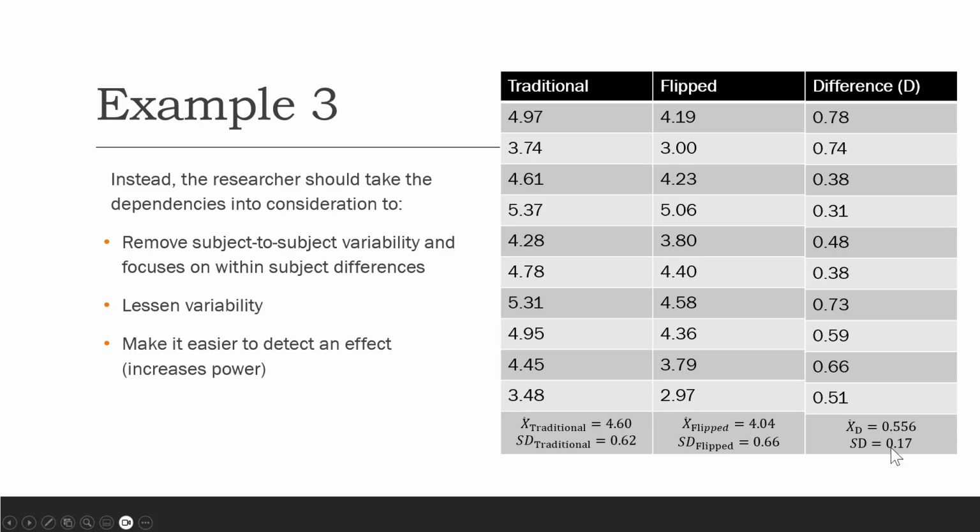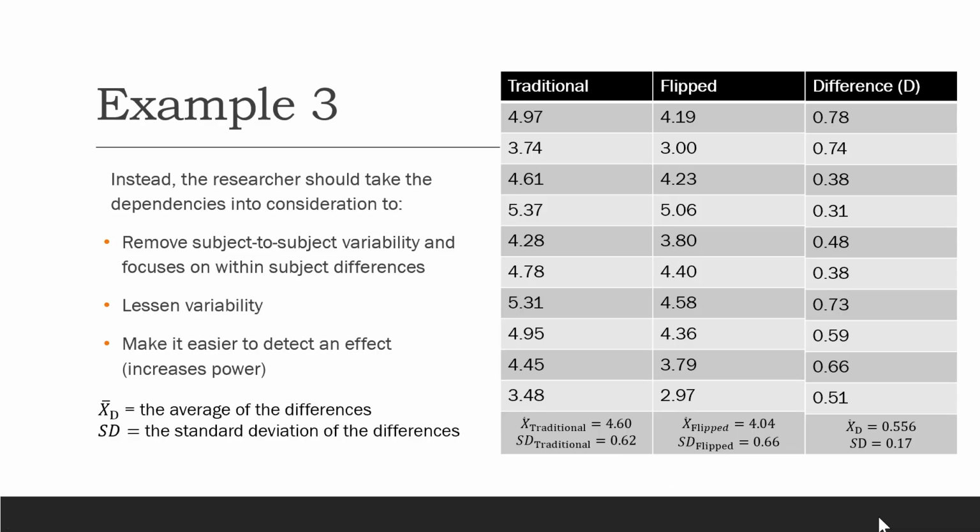Now, as you can see, your standard deviation is the square root of your variance, but it's still a measure of variability. They're larger when I look at them separately as compared to when I look at the difference. And that's making evident that we're lessening the variability so that we can truly detect the difference.